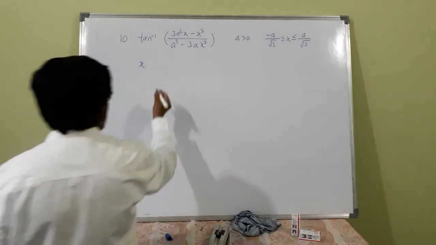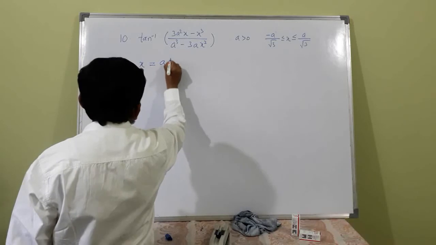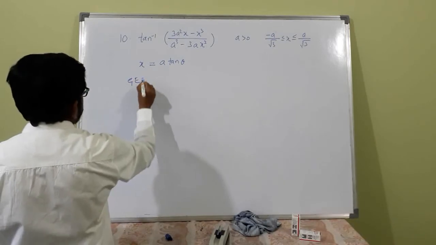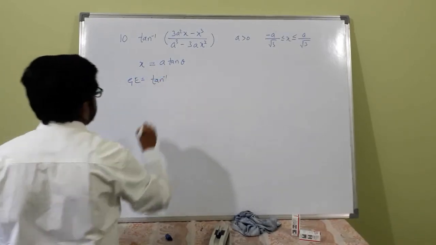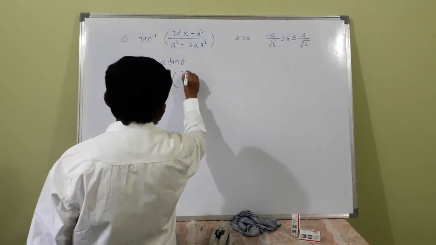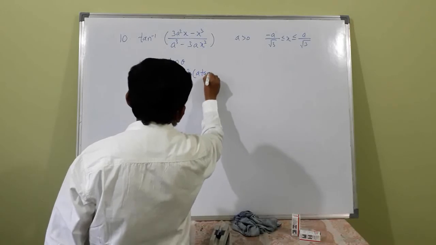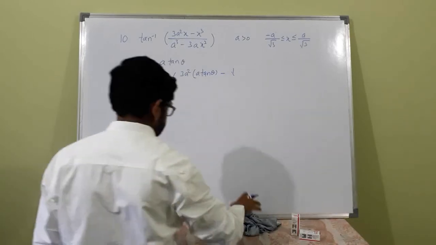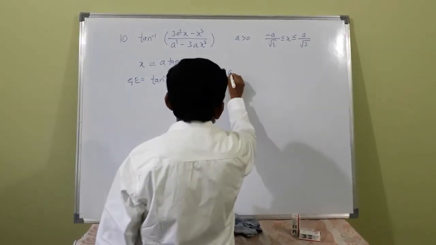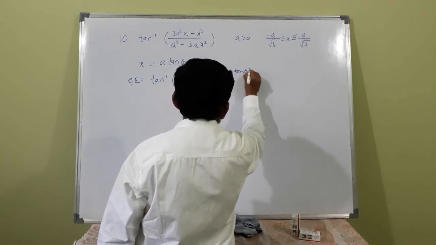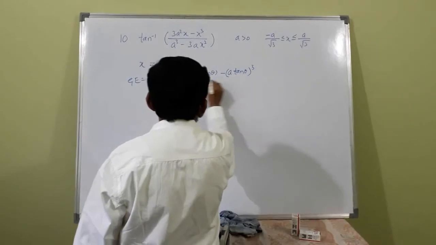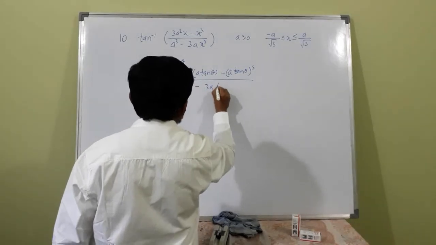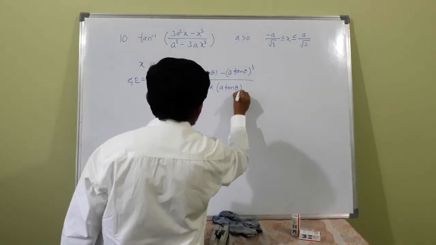Here x is equal to a tan theta. Then the given expression becomes tan inverse of 3a squared into a tan theta minus a tan theta cube, divided by a cube minus 3a tan theta squared.